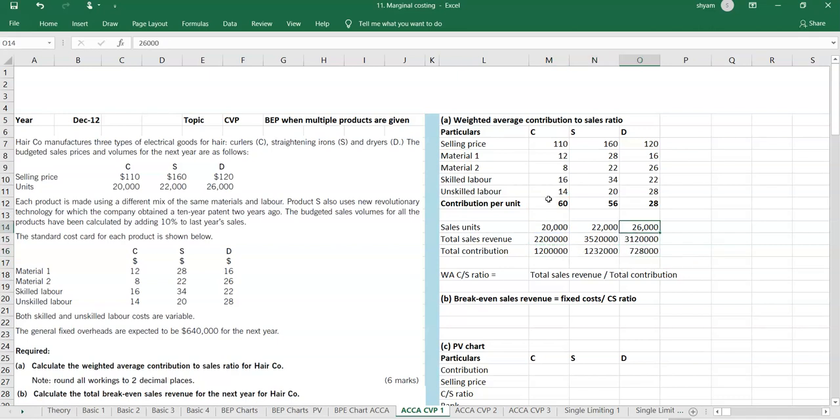Okay, so what we want is the total of all these. So the total of all the products would be, so this is the total sales and this is the total contribution. Okay, so our formula is total.